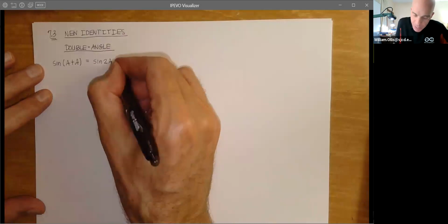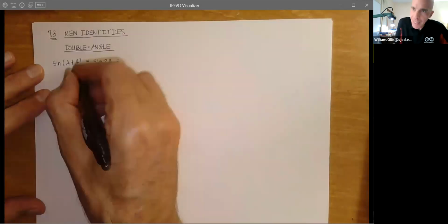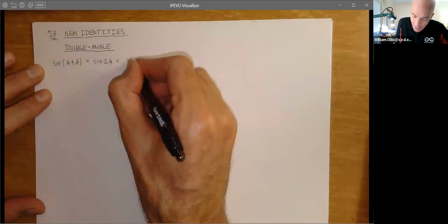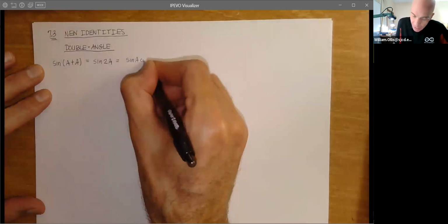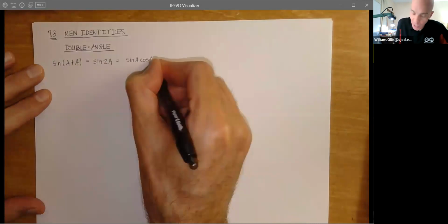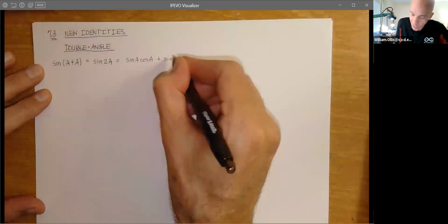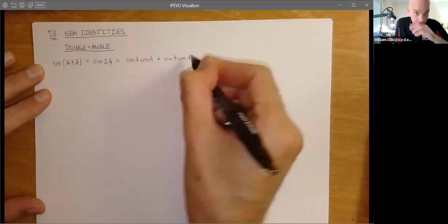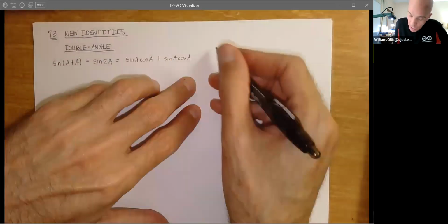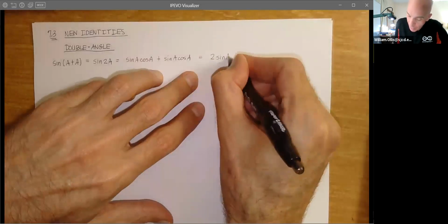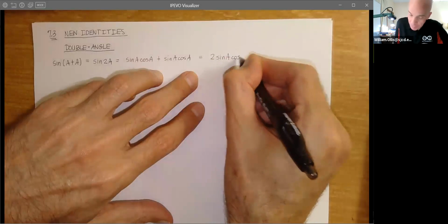Well, now you're thinking, what's that equal? Well, we just replace B with A. So we get sine A cosine A, there's nothing to interchange now, plus sine A cosine A. Wow, okay. So we get two copies of the same term. So this is just 2 sine A cosine A, the double angle.